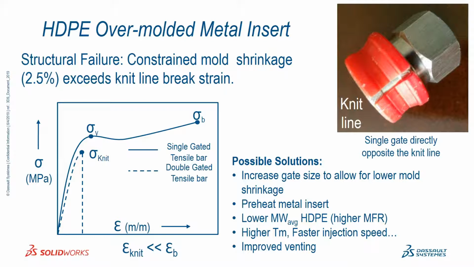The crack is occurring at the weld line. Now, the crack is not occurring because the part was subjected to a mechanical stress or a chemical. The crack is related to the fact that the material wants to shrink about 2 or 3%, because HDPE is a semi-crystalline plastic that shrinks roughly 2.5%, or 0.025 inches per inch or meters per meter.